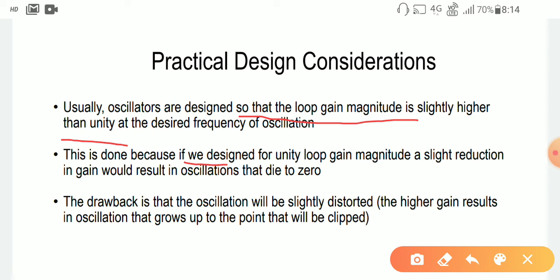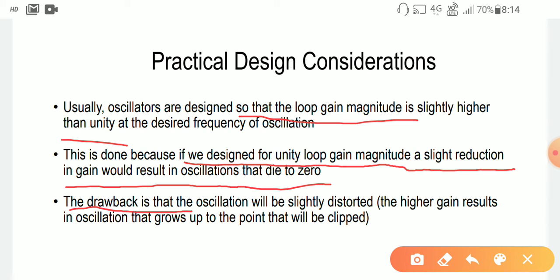If we design for unity loop gain magnitude, a slight reduction in gain would result in oscillation that dies to zero, and for this reason you have to do that. The drawback is that the oscillation will be slightly distorted, because the higher gain results in oscillation that grows up to the point that it will be clipped.